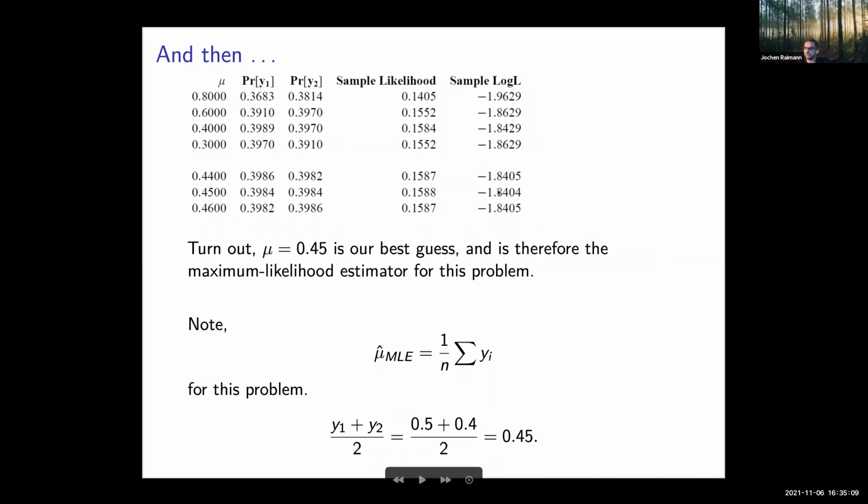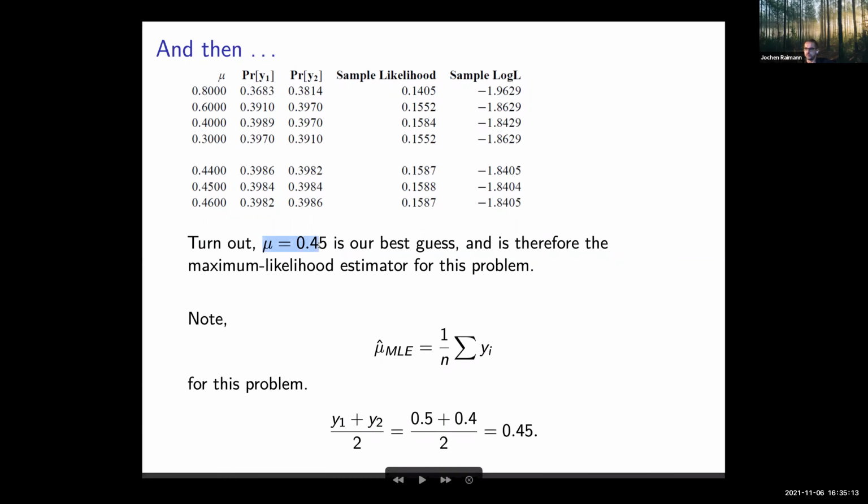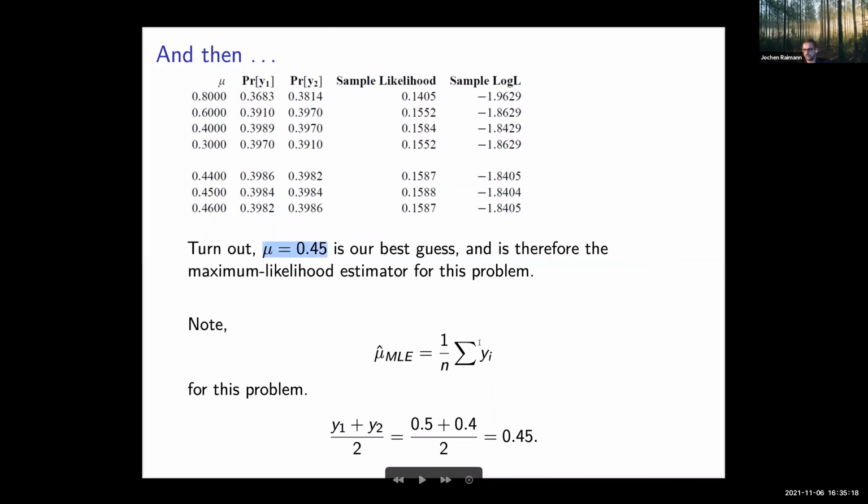And this essentially converts to a minimum when you logarithmically transform it. So it turns out for this example that the best guess would actually be a mu of 0.45, which is also not entirely unlogical, because essentially it's right between 0.4 and 0.5, right?